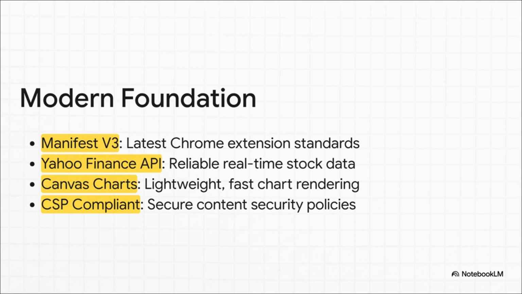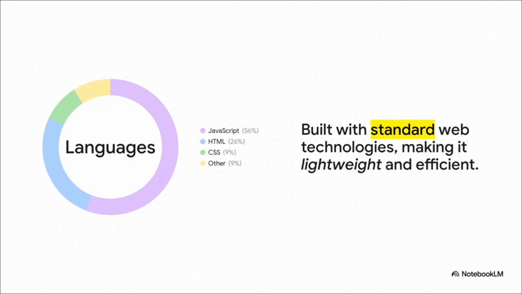The data comes from the super reliable Yahoo Finance API, so you know it's accurate, and the whole thing is built to be incredibly lightweight and fast. For anyone who's curious about what's making it tick, this chart gives you a quick breakdown. It's mostly built with the standard stuff you see all over the web: JavaScript, HTML, and CSS, which is a big part of why it's so efficient and doesn't slow your browser down.